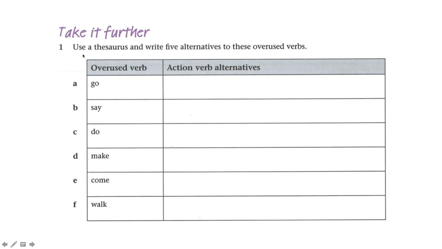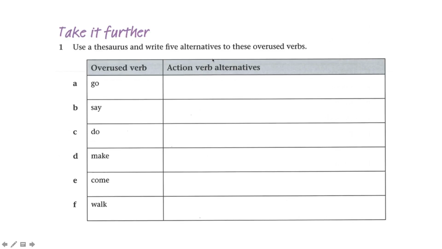Here we have a very specific instruction. Use a thesaurus and write 5 alternatives to these overused verbs. Now if you use these verbs all the time in your writing, you're going to sound repetitive and not be very intriguing. You're not going to really spark much in the way of imagery in your writing.